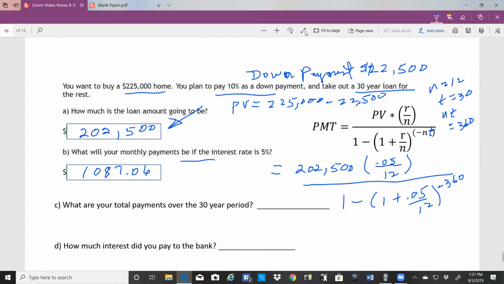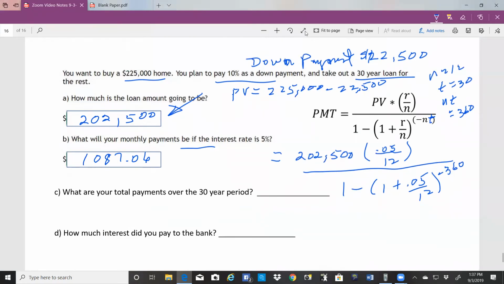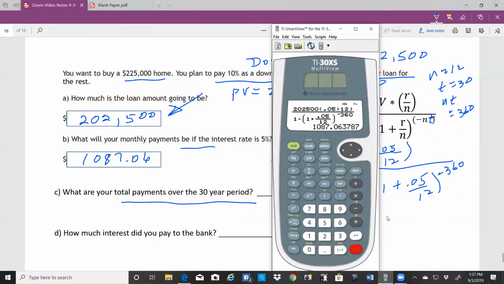Now, what are your total payments over the 30-year period? Everybody check this on your calculator. I'm going to bring my calculator up, and I'm going to just multiply. I'm just going to leave that number there and multiply times your 360 payments.